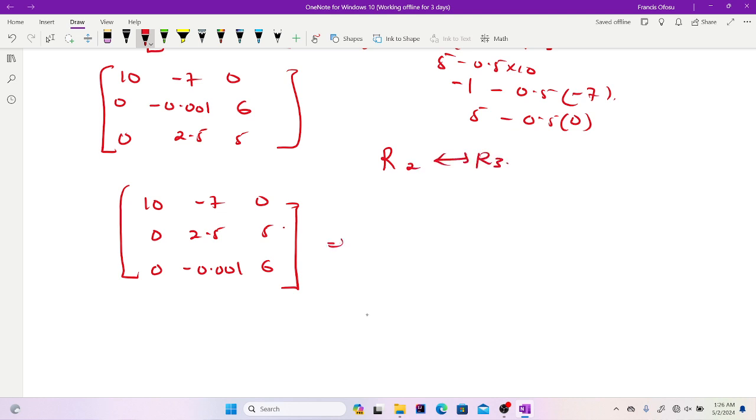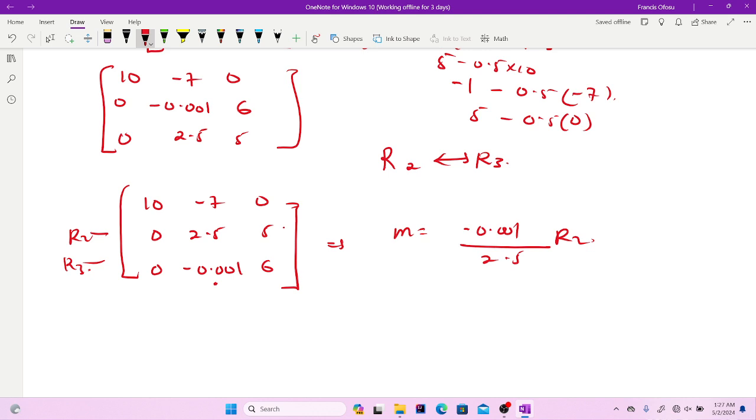That's nice. At this point, we just have to eliminate what? Our negative 0.001. We can do that by finding our multiplier, giving us negative 0.001 all over 2.5. So here becomes our new pivot row, row 2, and here becomes row 3.